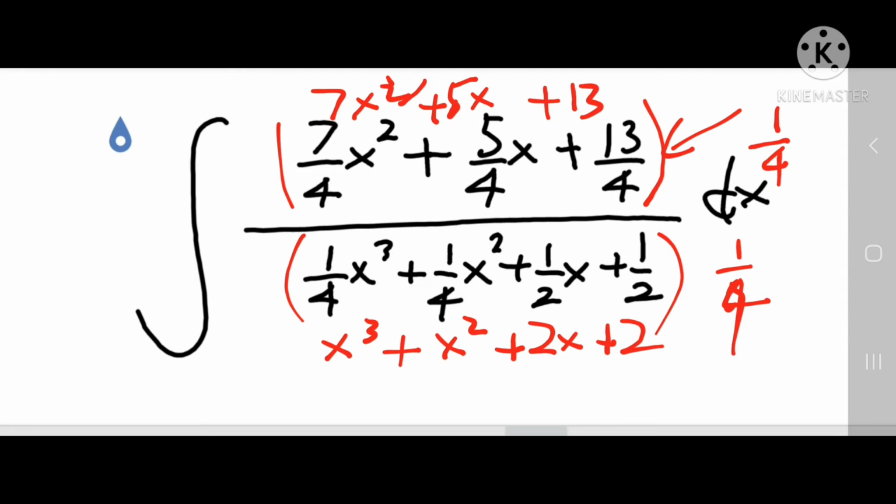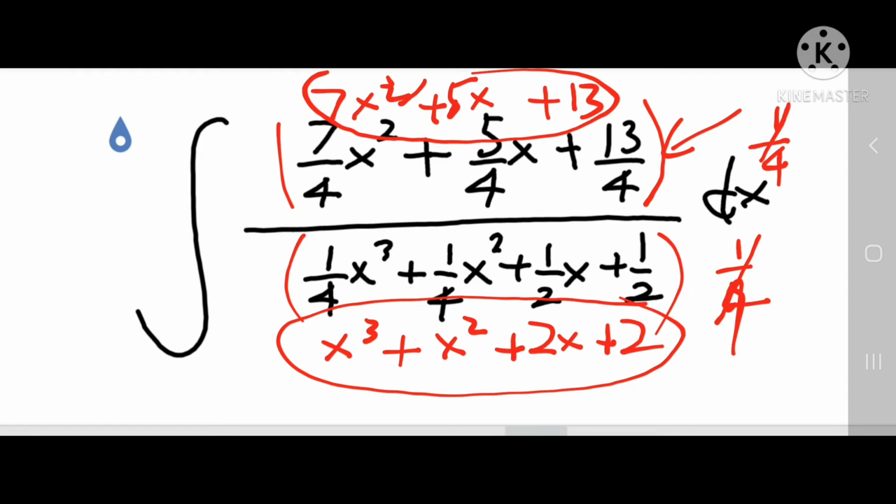From there, our factor will cancel out, leaving this and this as the new terms for both numerator and denominator. After that, we factorize the denominator.